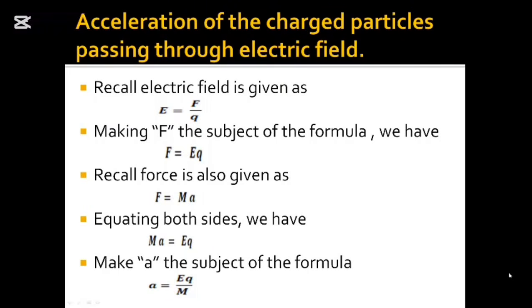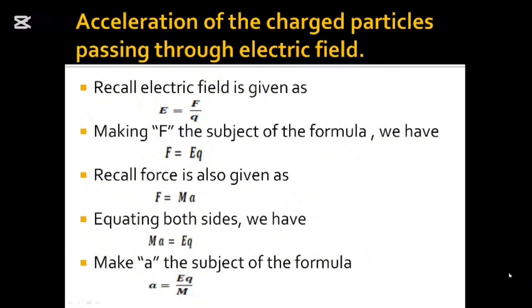Acceleration is the change in velocity per unit time, or some people say it's the rate of change of velocity. But today we are looking at a different acceleration that has to do with charge. Mathematically, we want to derive something where you will not see velocity anymore, but you will now see something related to charge.